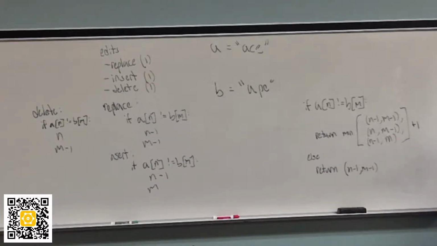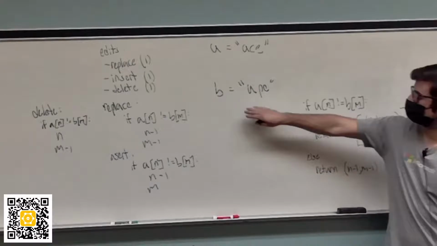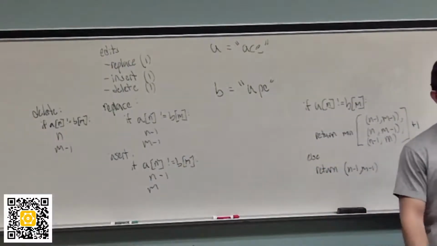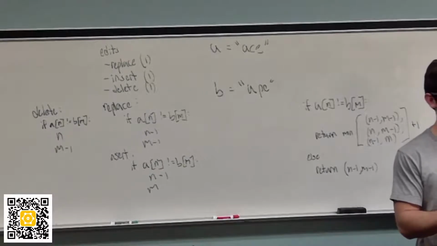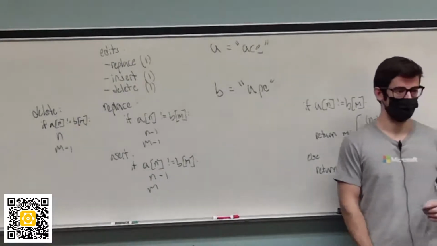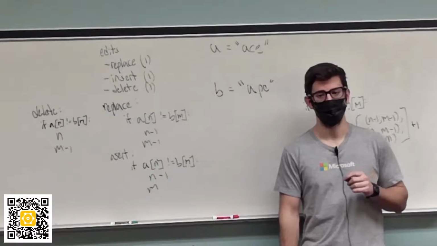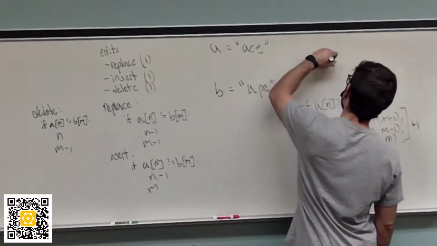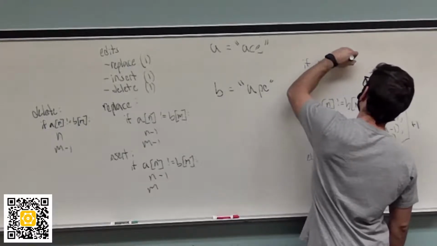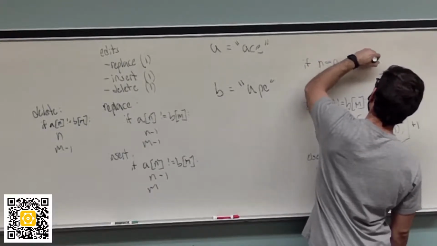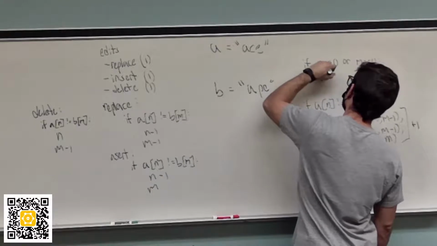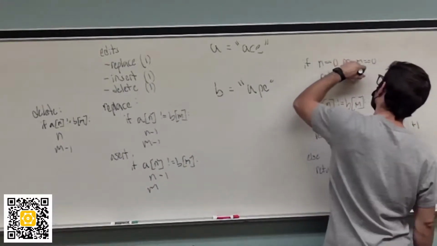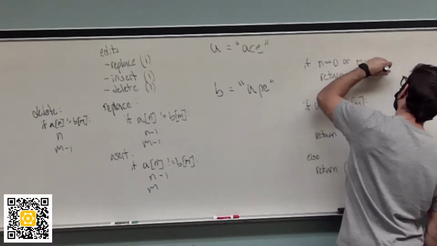Those remaining characters in B, let's say m was here, those 2 characters, we want to delete. And by returning m, that's how many deletes we're going to make. So if n is equal to 0 or m is equal to 0, return max of n or m.